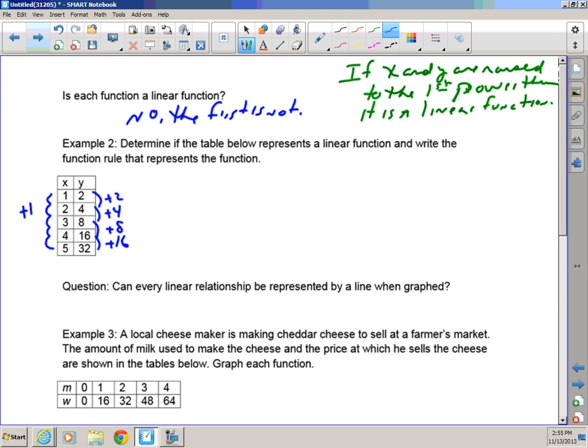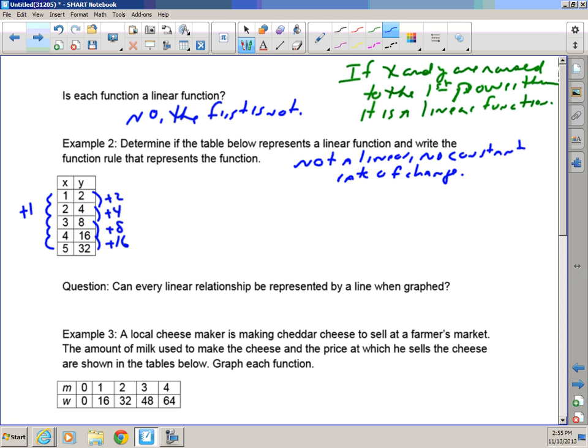So, is this a linear function? Not a linear function. No constant rate of change.